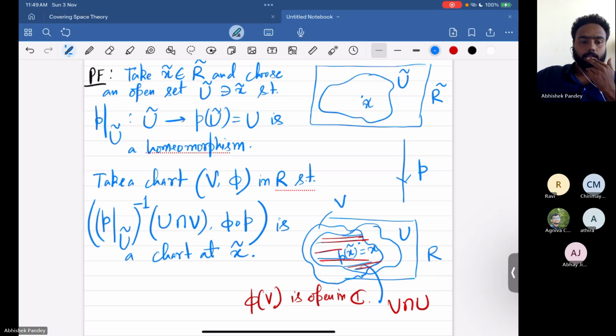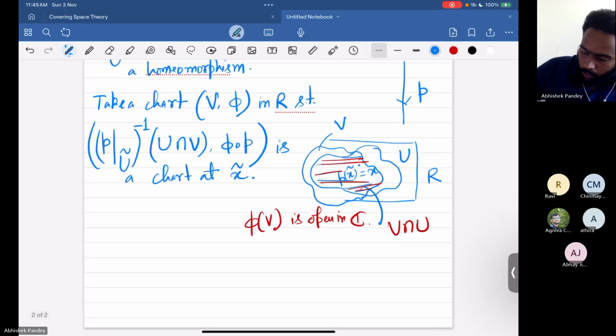So basically, what we are doing is just pulling back the charts from below. Now we need to check the compatibility.